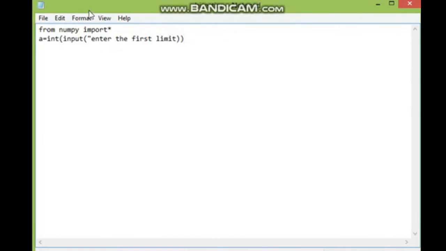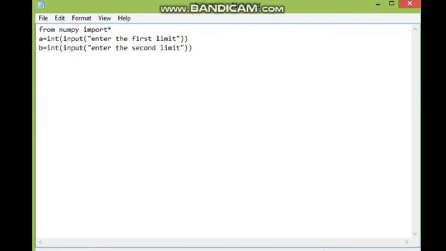Then I will copy this one, and I need the second limit as my b, and this is my second limit. I have missed one inverted comma here, so it should not be like that. That's all about the limits.